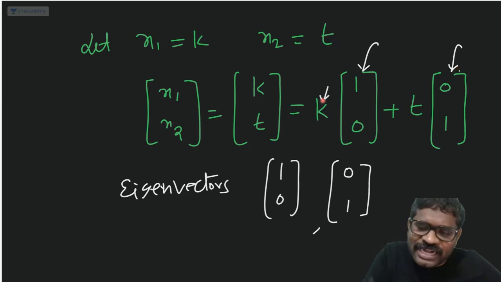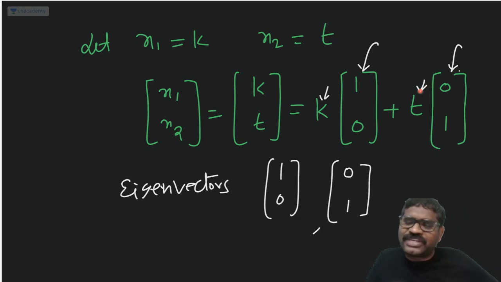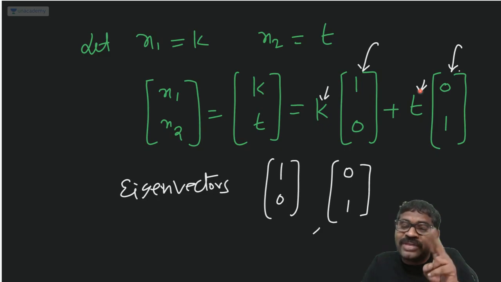The coefficient of k is one eigenvector, the coefficient of t is another eigenvector. Catch my point? So you have two free variables k and t. With the help of k you got one eigenvector, with the help of t you got another eigenvector.